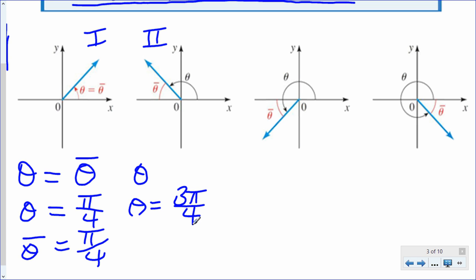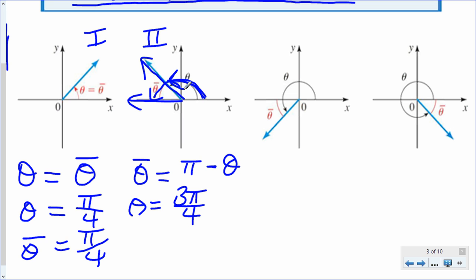Well, if we're trying to find the angle formed by the x-axis and the terminal side, if this is theta, the way we can find our reference angle is to take 180 degrees, or 1 pi, and subtract theta from it. Because if we did that, basically this is 1 pi. If we subtract from that theta, then we'll be left with the reference angle.